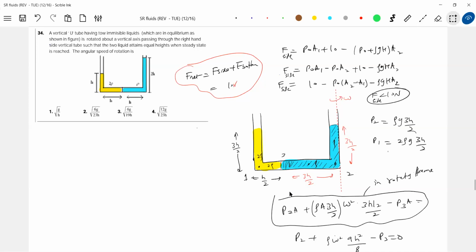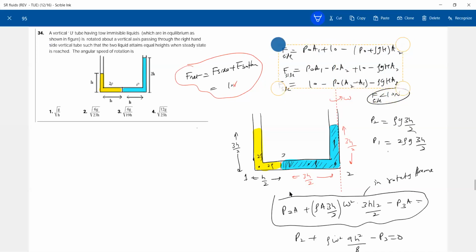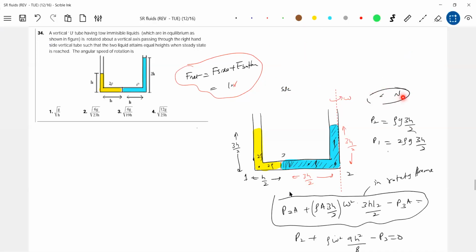Oh, okay, why this? This is some other. Okay, no, you need not bother about this part.